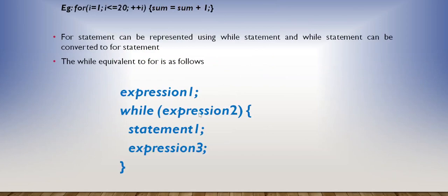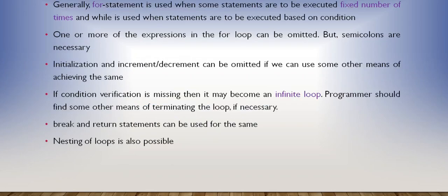That can be converted like this: expression 1 is written before the loop, while expression 2 is true, statement 1 is executed, after that expression 3 is evaluated, and then again expression 2 is evaluated. If it is true, again statement 1 is executed, and then expression 3, like this. A for loop can be converted to a while loop, and a while loop to a for loop.